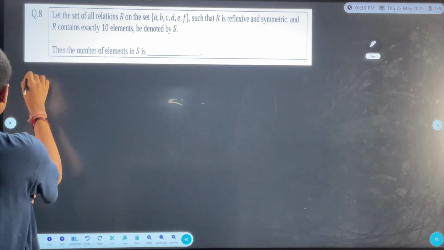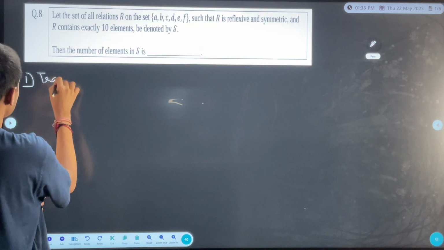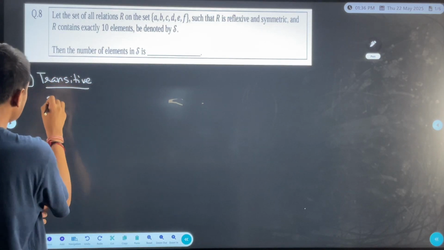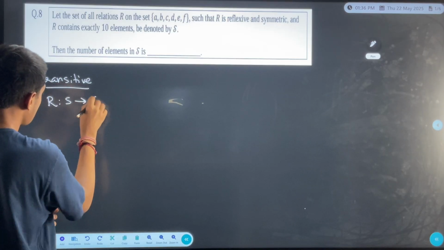So the first one is transitive relation. Let us take a relation R from a set S onto itself.